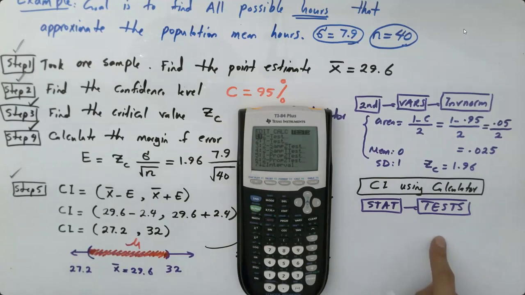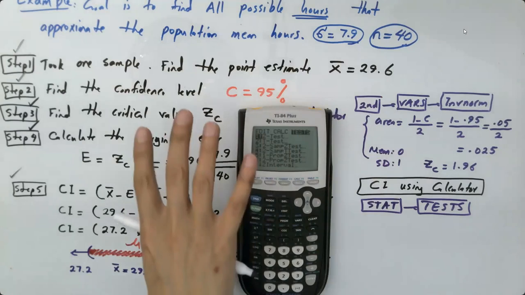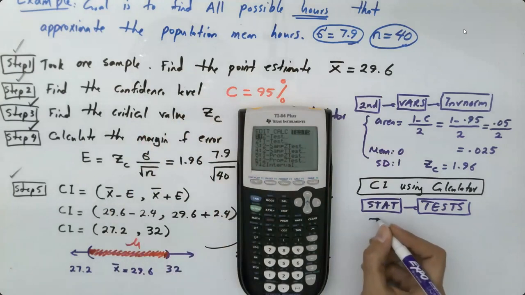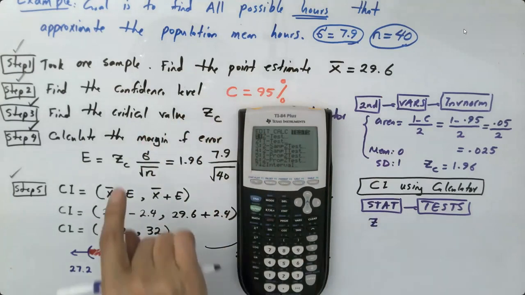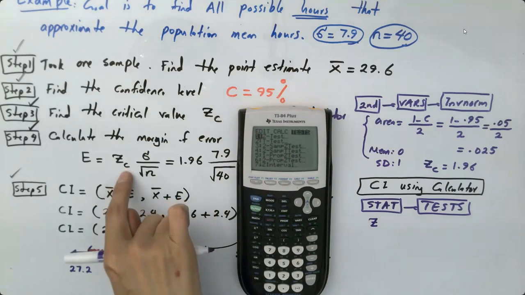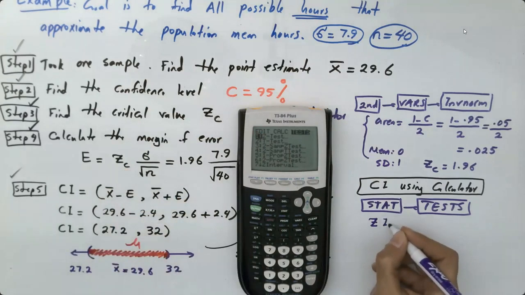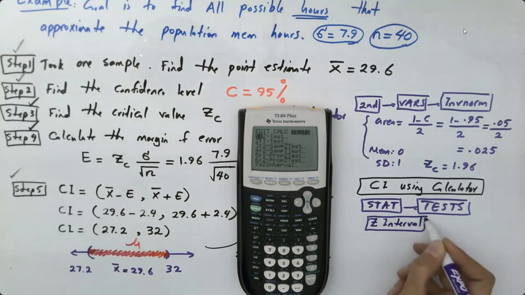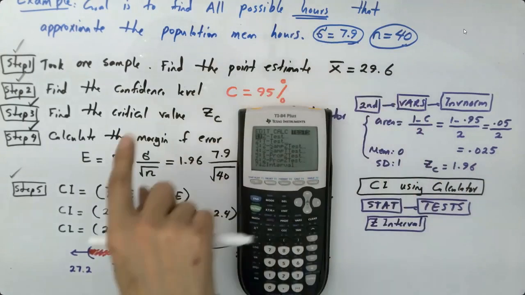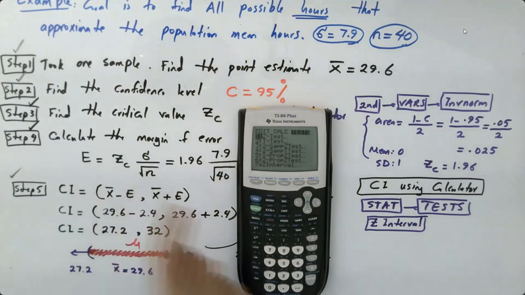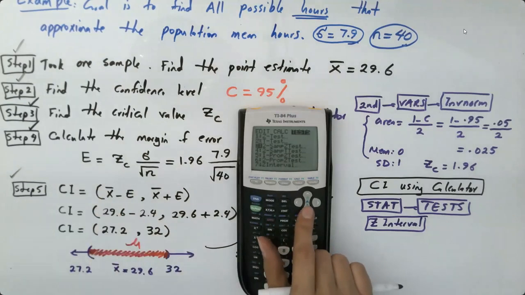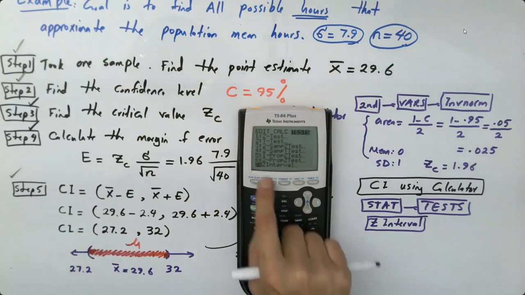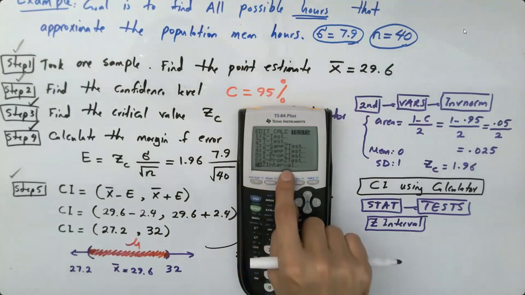Now you're going to go to Z interval. Guys, you are working with the confidence interval. You're finding ZC. That's why you're using Z interval. Remember that. Sigma is given to us. So we are finding Z. Go to Z interval.